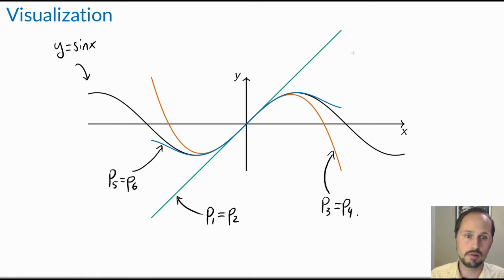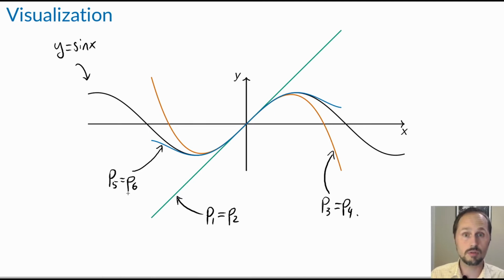Okay, and I purposefully truncated my graph here, because if I were to go out further, if you look at the formulas we have for all of these, all of these are polynomials. So their limits as x goes to plus and minus infinity are going to be plus or minus infinity.